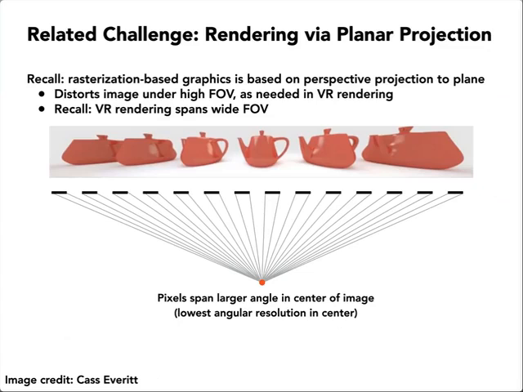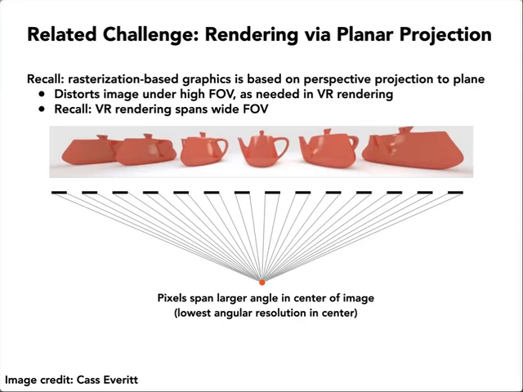A related challenge is that rendering via planar projection, or planar projective transforms, which is what we talked about in class in the graphics pipeline and transforms lectures, has problems in VR because of the very large angular fields of view that we already support in VR today, and we want to go much higher, right?